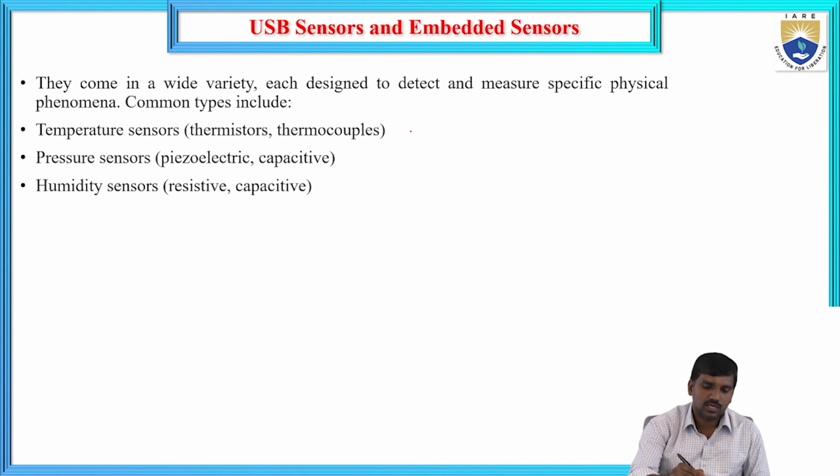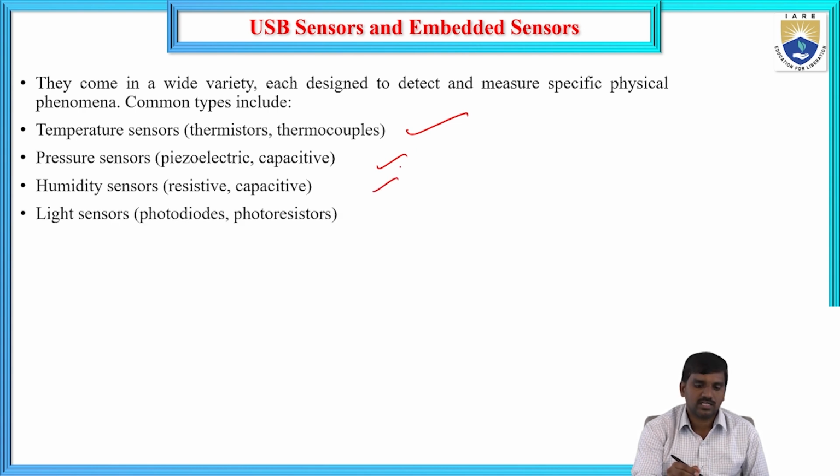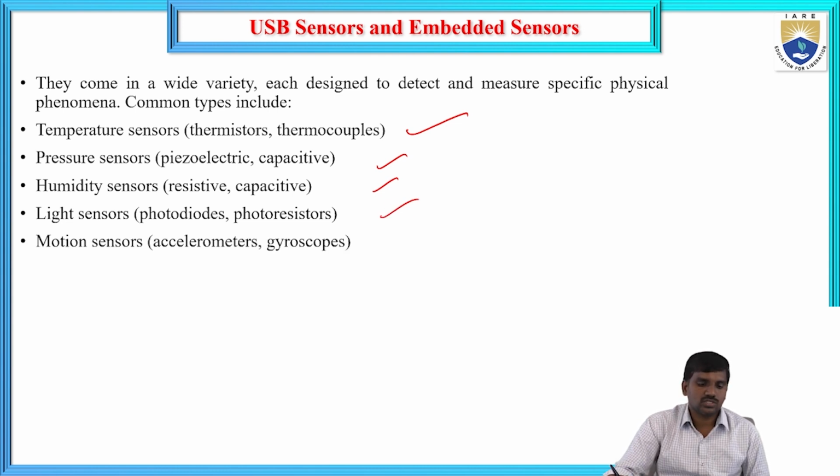Common types include temperature sensors to measure temperature under various conditions, like thermistors; pressure sensors, piezoelectric and capacitive; humidity sensors, resistive and capacitive; light sensors like photodiodes and photoresistors; motion sensors, accelerometers, and gyroscopes; and gas sensors in order to detect gases or identify gas leakages.